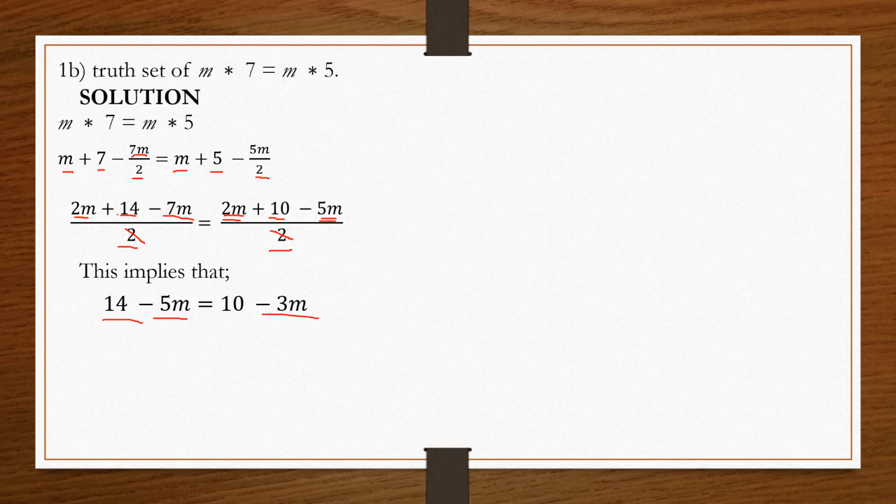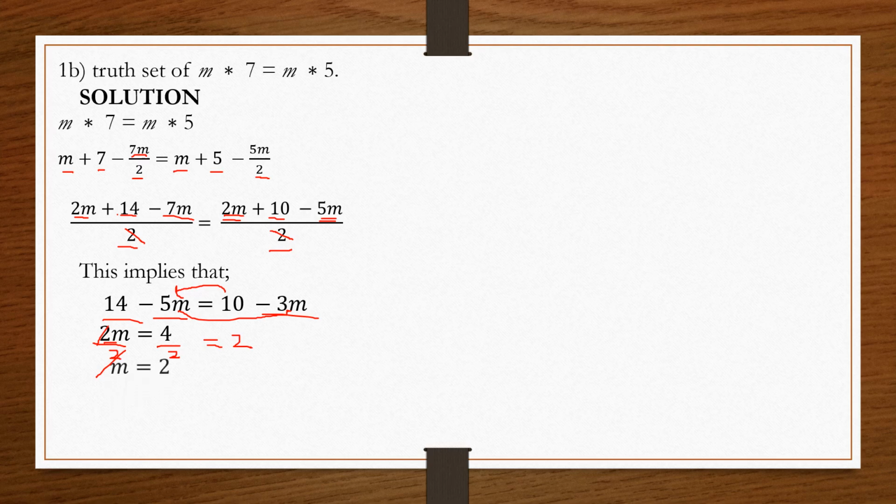We collect like terms: we take 10 to this side and take the 5m to the other side, and we now have 2m equals 4. Then we divide through by 2, and hence m is 2.